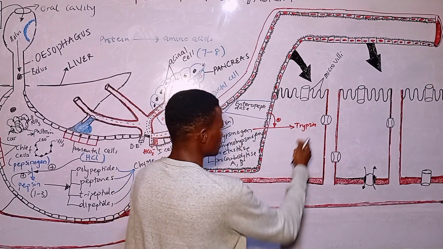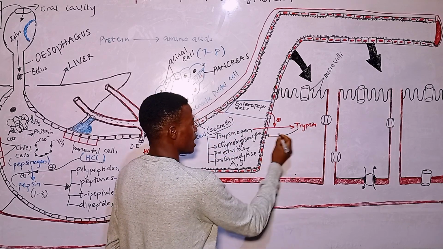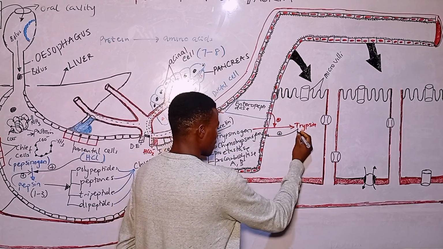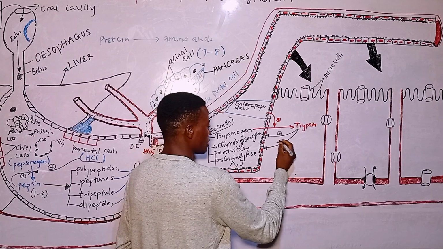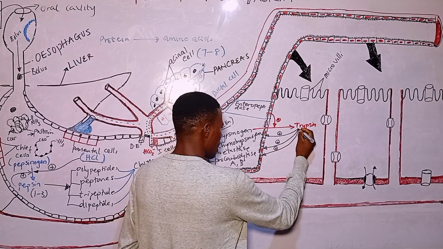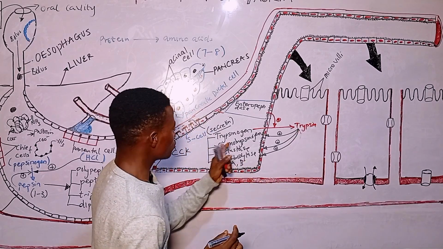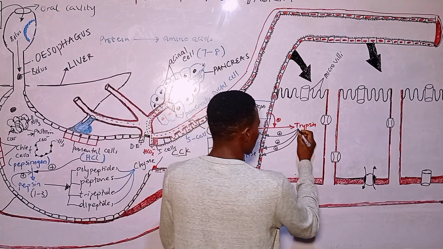Now what happens is that this trypsin will in turn act on chymotrypsinogen, and at the same time act on proelastase, and at the same time act on procarboxypeptidase A and B. So it's going to act on chymotrypsinogen and convert it to chymotrypsin.